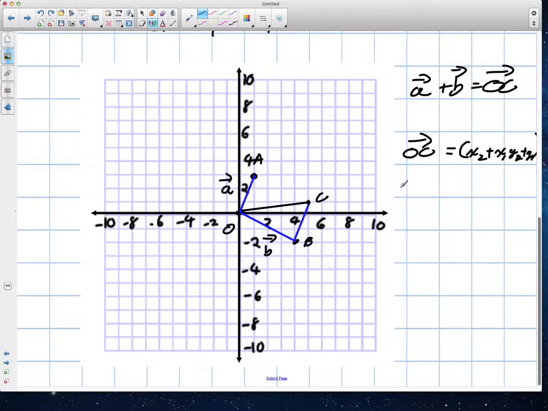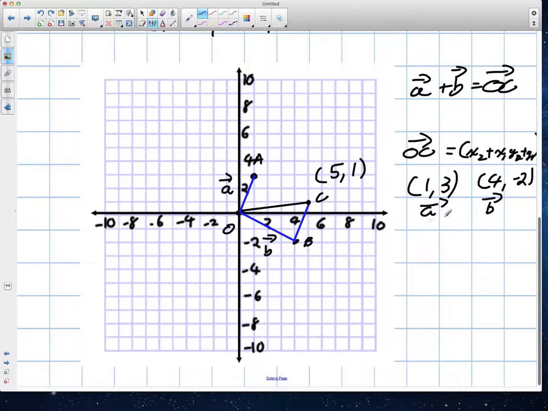So we take our values. OA was at 1 and 3, or vector A, and vector B was at 4 and negative 2. Now, by looking at this, what is our point here? Anyone can tell? 5 and 1. That's right.